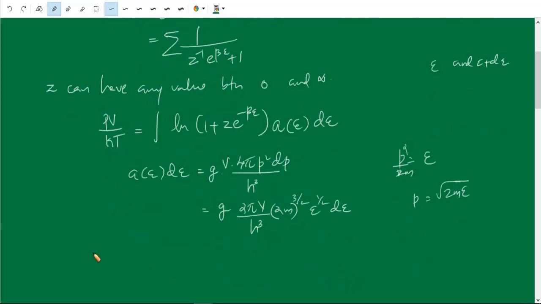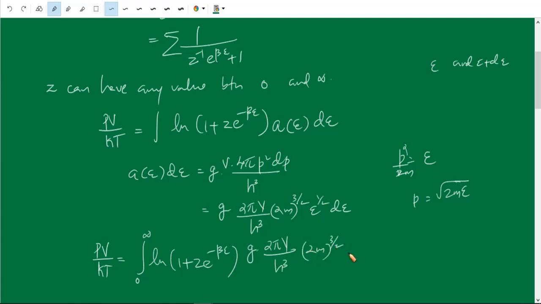Okay, so we can write then PV divided by kT, where k is the Boltzmann constant, is equal to the integral from 0 to infinity of log(1 + z e^(-βε)) times g 2πV divided by h³ (2m)^(3/2) ε^(1/2) dε.